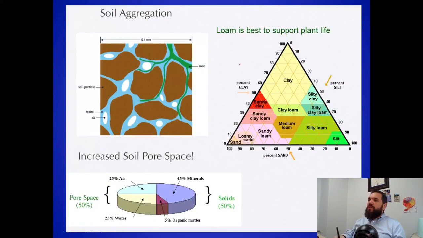Now, soils need to have air, right? That's shown in the white, and it needs to have the water, right? Plant roots, here are the roots, need both air and water. Just like you and I, plants need air to survive. The roots are no different. Roots require air. If they don't have air, they drown and they die.